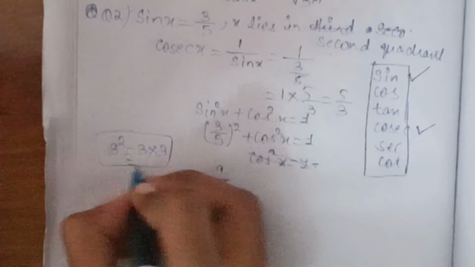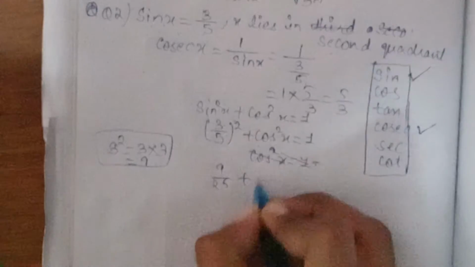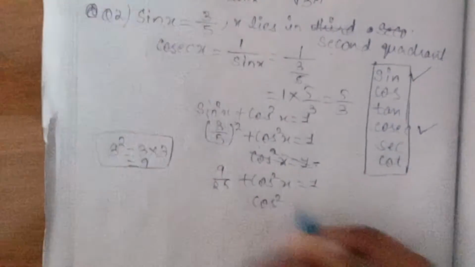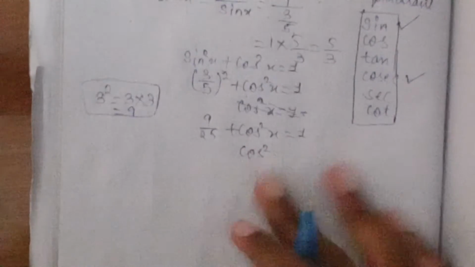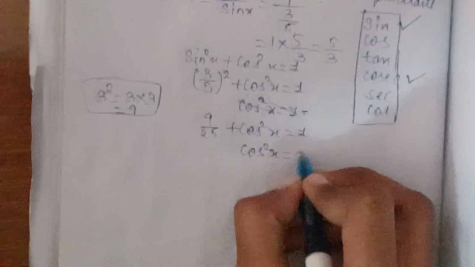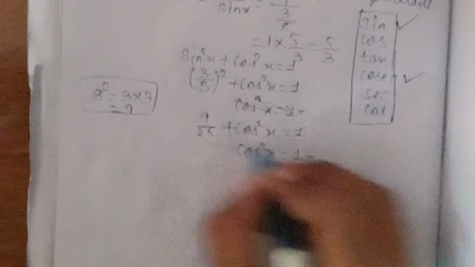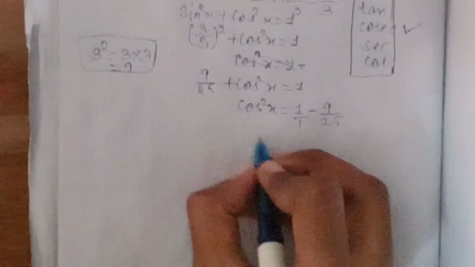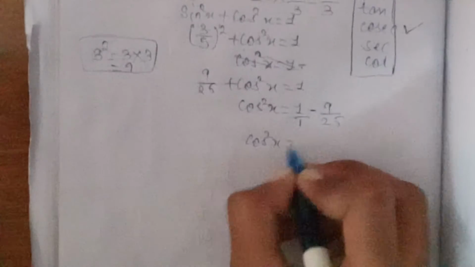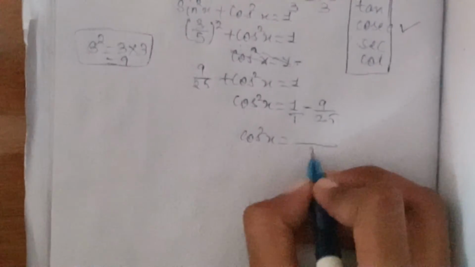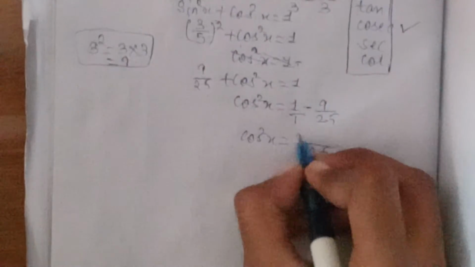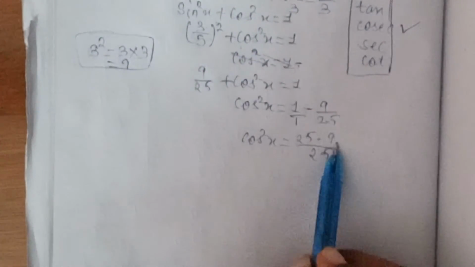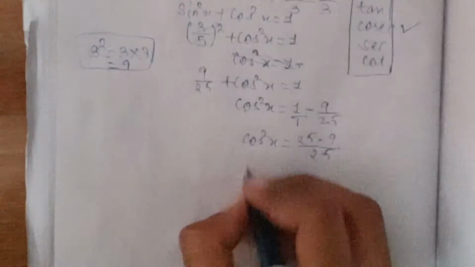So 9 by 25 plus cos square x is equal to 1. So cos square x is equal to 1 minus 9 by 25. Taking the LCM, 1 and 25 becomes 25. 25 into 1 is 25, 25 minus 9 becomes 16.